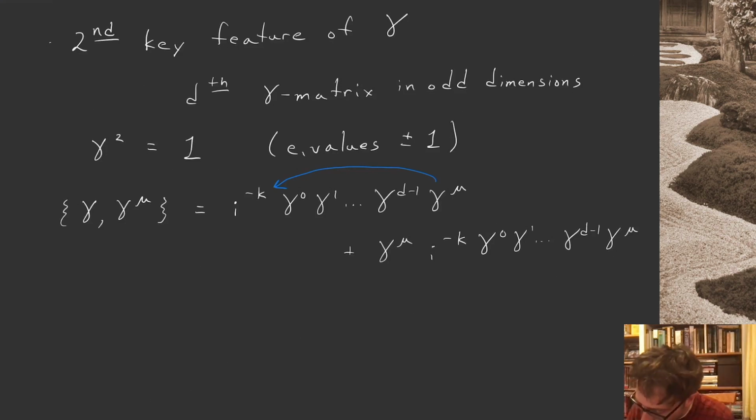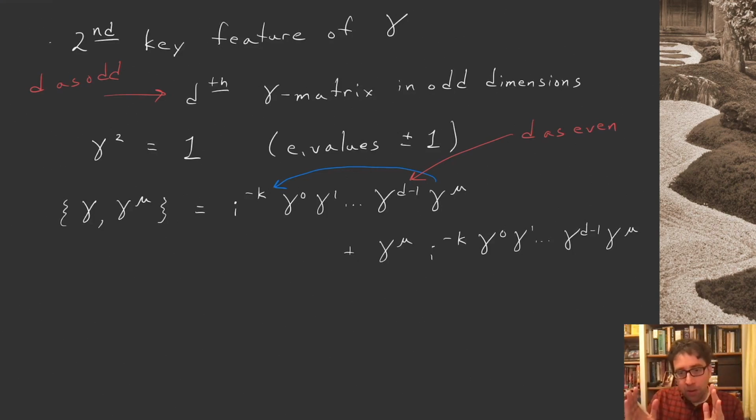When I wrote D here, I was thinking of D as odd, whereas when I write it here, I'm back in the old setup where I'm thinking of D as even. And so I'm anti-commuting gamma mu through an odd number of other gamma matrices, all the gamma matrices except itself, through which it does commute.